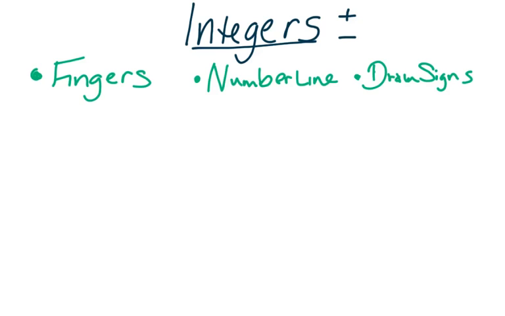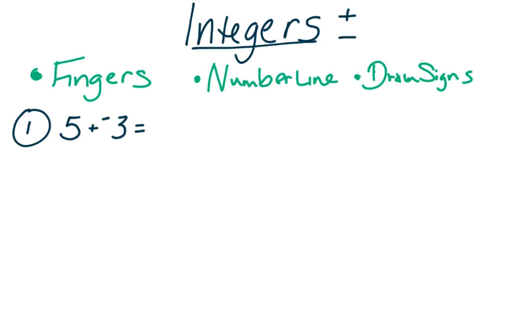So let's look at examples just to review. Example number 1. All right, so let's say we have 5 plus negative 3. Since you can't see me, I'm going to do the draw out the signs for this one. So I'm going to actually draw out the pluses and the minuses.